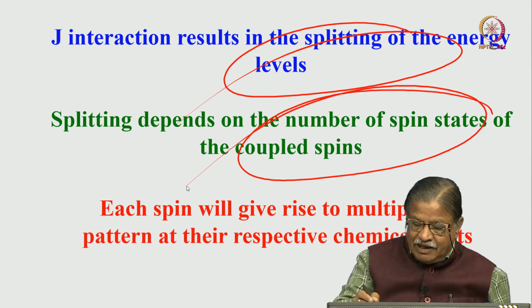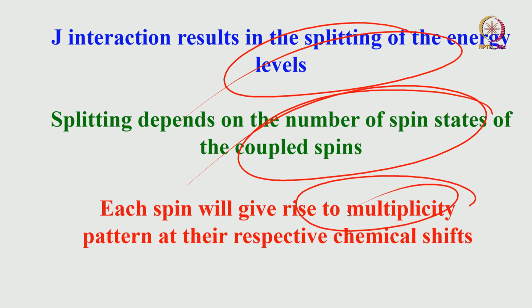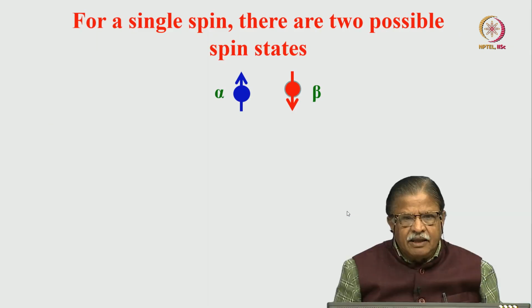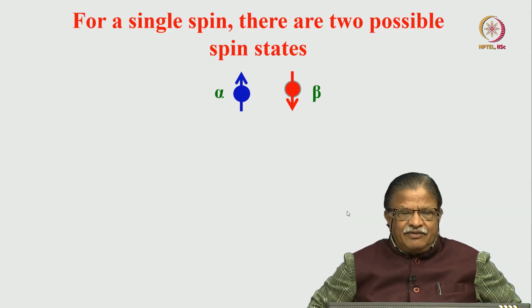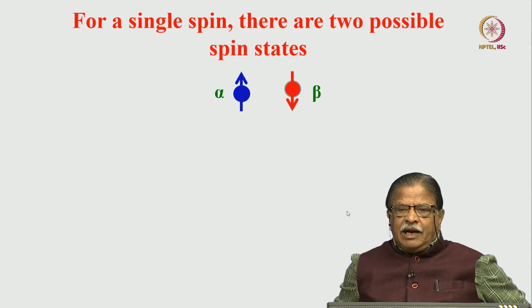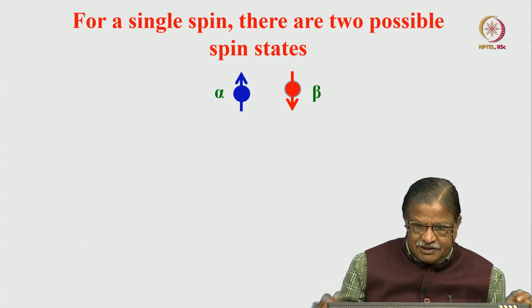Then each spin will give rise to a multiplicity pattern at the respective chemical shift position, based on how many spins it is coupled to and how it is interacting. That will decide the multiplicity pattern. Now I will consider a single spin and the possible orientations we discussed.